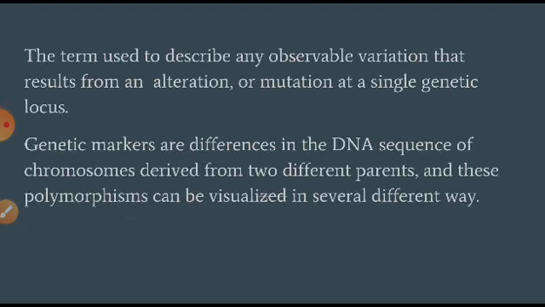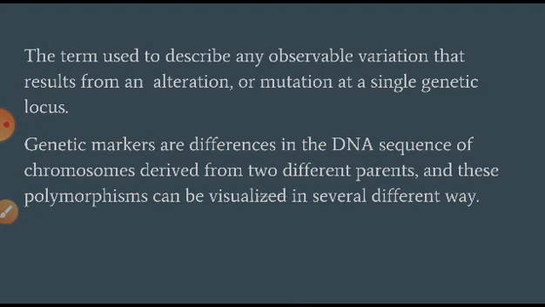Genetic markers. Now we'll move to genetic markers. The term is used to describe any observable variation. Keep in mind the term observable variation. Anything that can be described as an observable variation that results from an alteration or mutation at a single genetic locus is your marker.